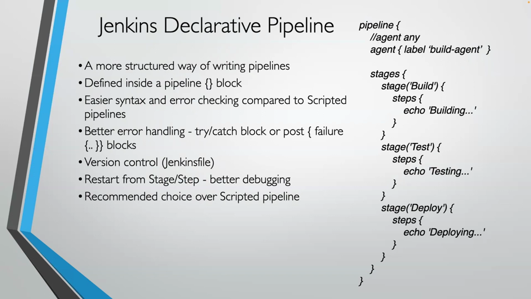And then each and every stage, you're going to define inside the stages block. So this is on the bigger level, and all the stages should be defined inside the stages block. And in each and every stage you need to have a steps block, and then you would have your pipeline script inside the steps block. It is pretty straightforward and pretty standard.